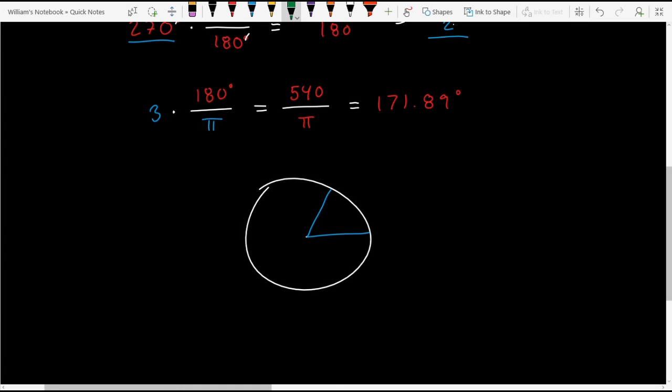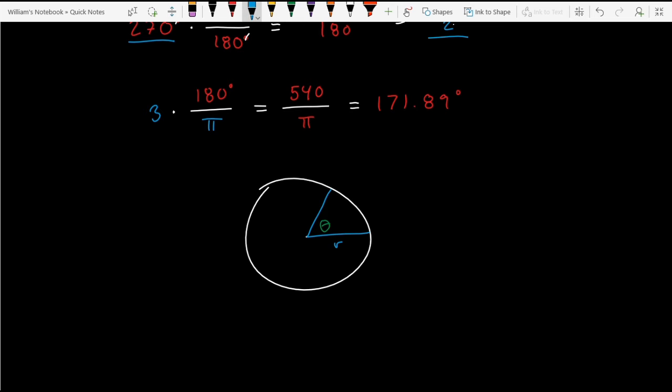This angle is going to be angle theta. The terminal arm is equal to the radius of the circle, and so is the initial arm. So we have the initial arm, length radius, and the terminal arm, length radius. Then we have one last part over here. This area between the initial arm and the terminal arm is called the arc.